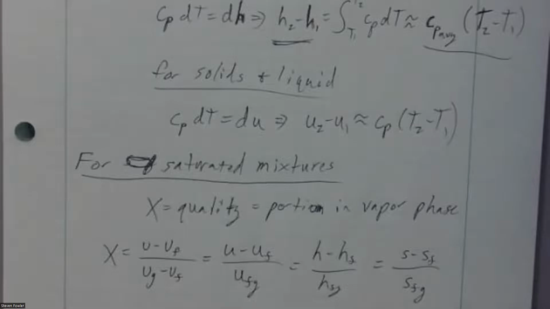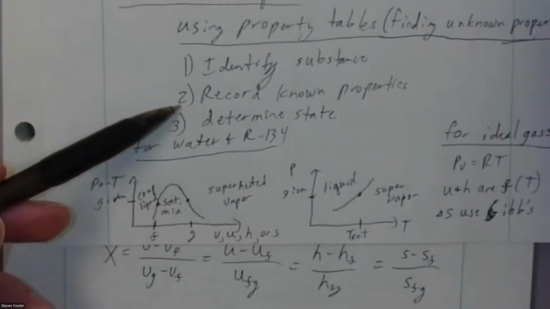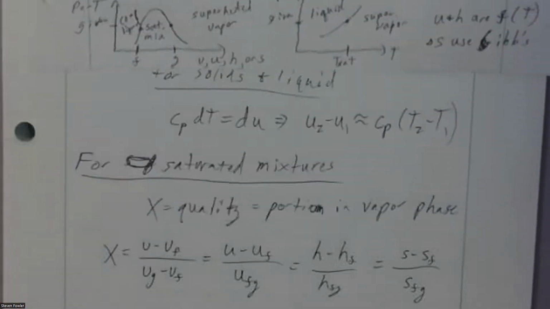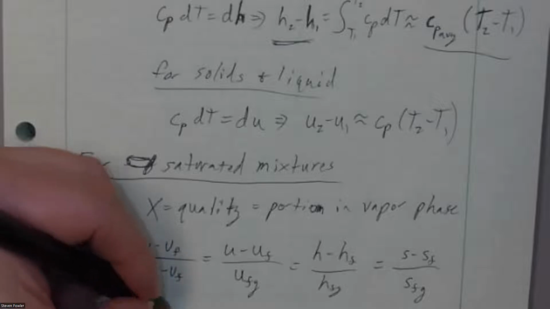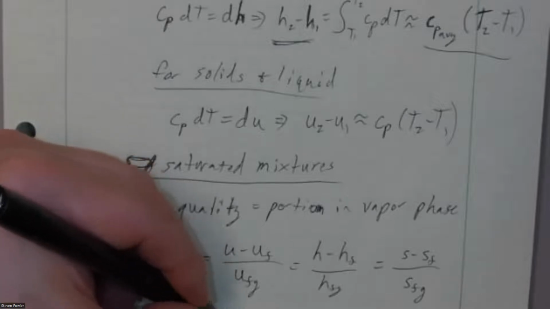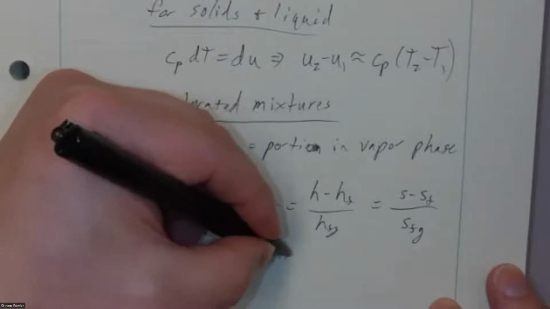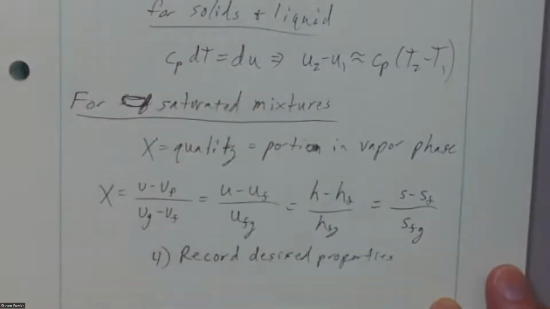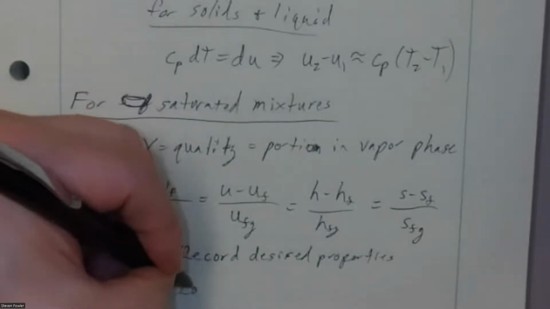Okay, so if I continue on my list up here, we said identify my substance, record known properties, determine the state, a variety of ways we can do that. And then once I've got a handle on that, step 4 is record your desired properties. Once you've recorded the desired properties, step 5 is profit, conquer the world.